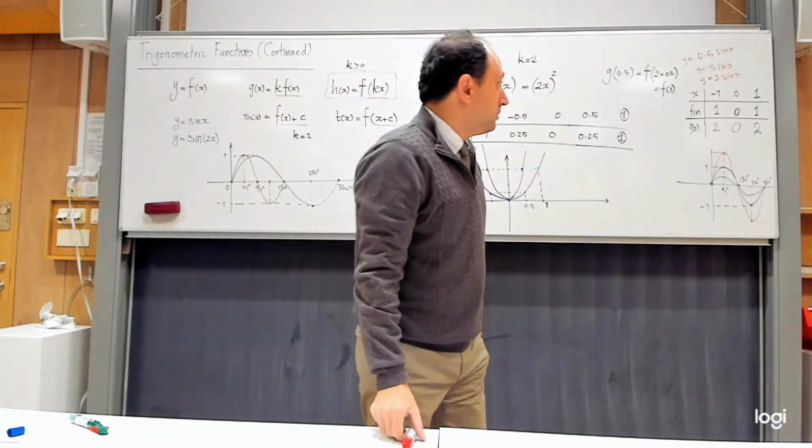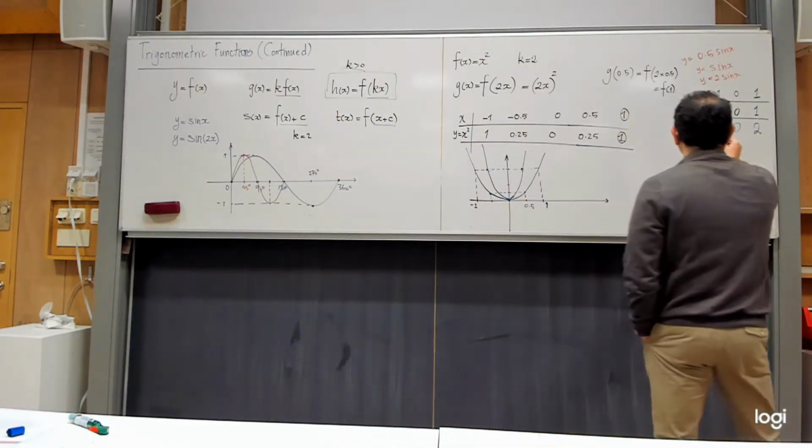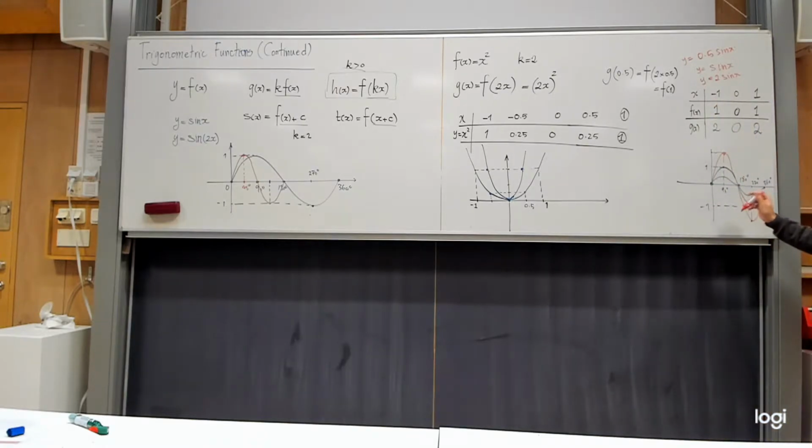But if I start multiplying the function by a number, what is the period of the blue one? 360. What is the period of the red one? And what is the green one? All they are the same. I am not affecting the period at all by multiplying the function by a number. But I am affecting something. I am affecting the height.